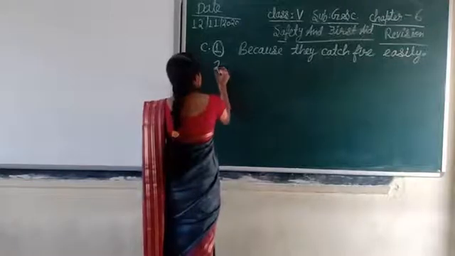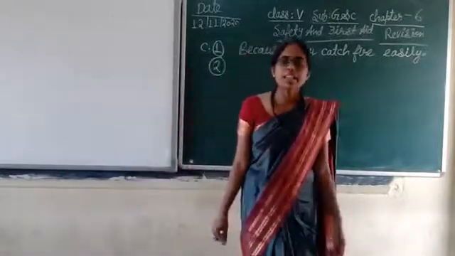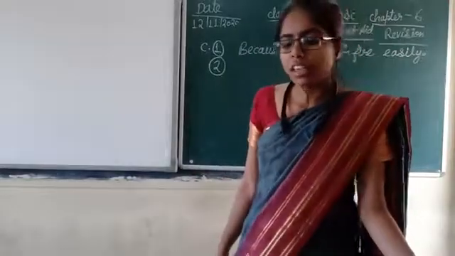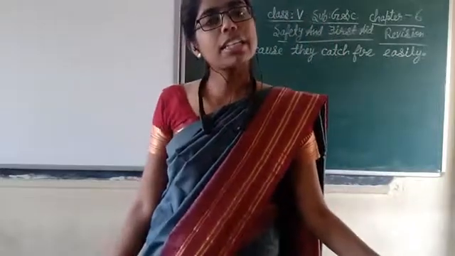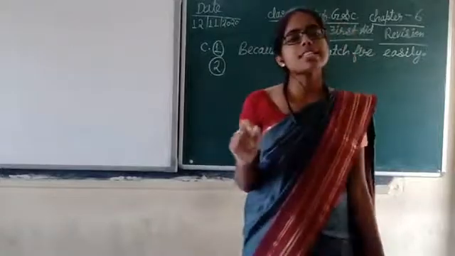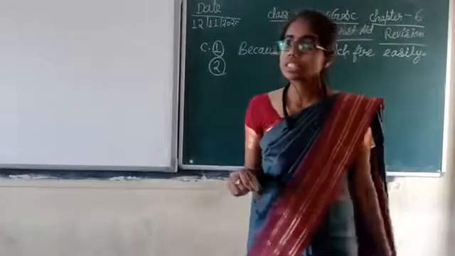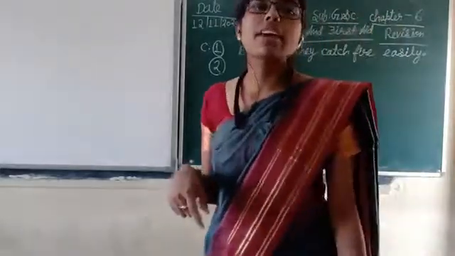Now let's revise question number 2. An anti-rabies injection is necessary in case of an animal bite. What is the statement given here? Once again I am reading this statement. This type of question is important.